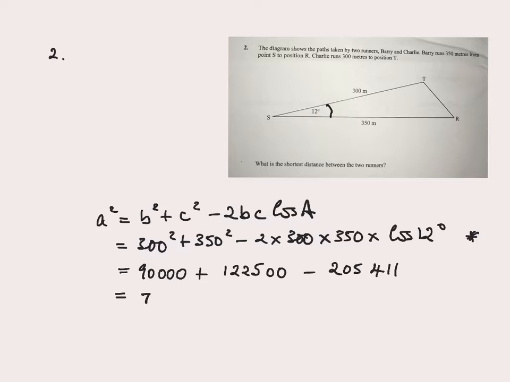And we get 7089. Now remember this is a squared, so the last thing that we do is take the square root of our answer, and that gives us 84.2 meters.